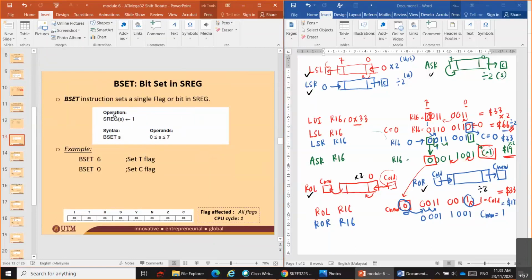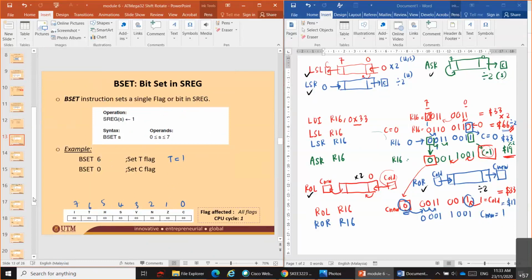So what happens is, this is the operation: put 1 into your status register at the location s. For example here, you have BSET 6. This is your status register, starting from 0, 1, 2, 3, 4, 5, 6, 7. If you put BSET 6, it means you're going to set T equal to 1.